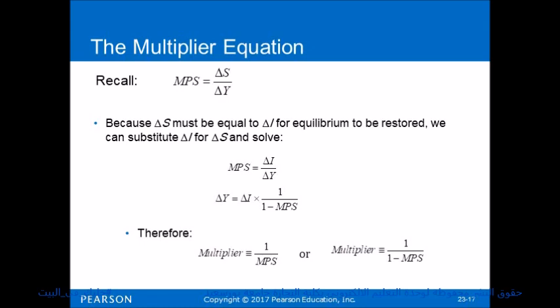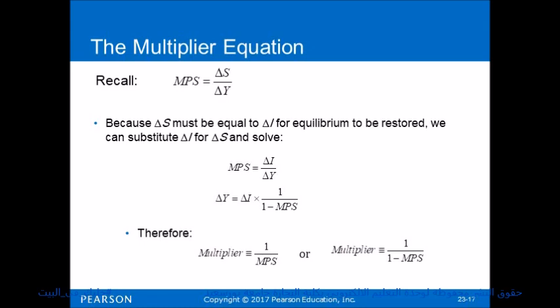So we have MPS equals delta I divided by delta Y. Also, we have delta Y equals delta I times 1 divided by MPS.